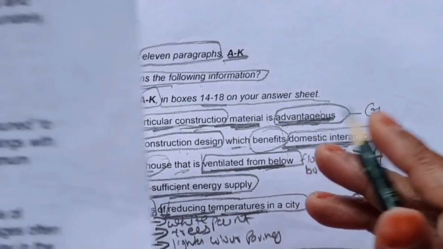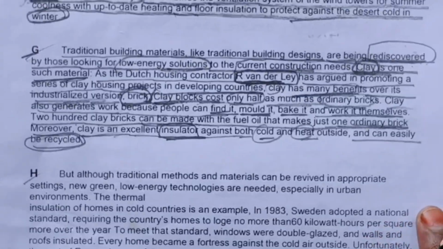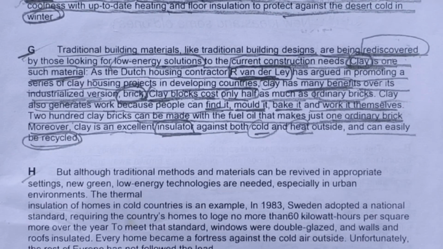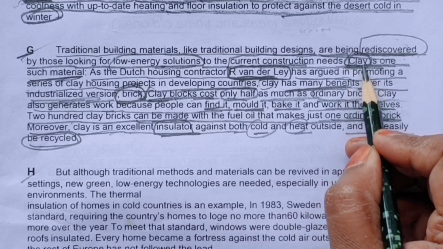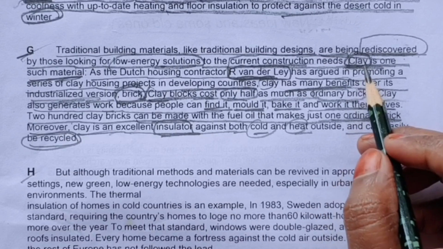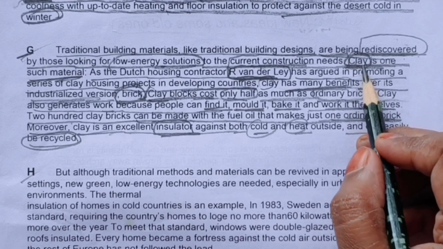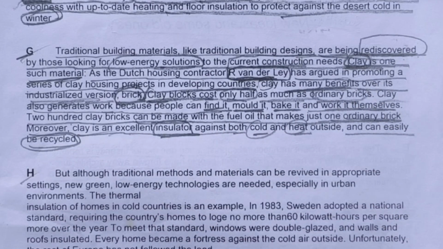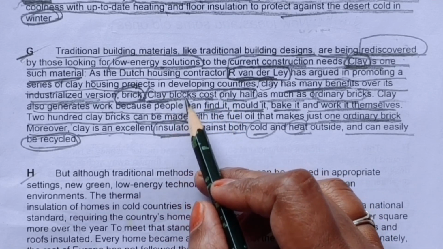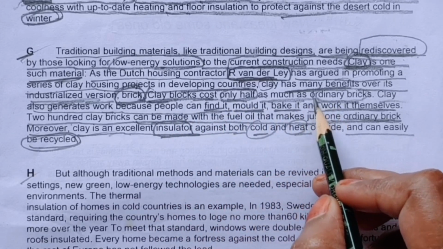In G paragraph only they have mentioned clay. So clay is advantageous. They have mentioned so many benefits of clay, like clay blocks cost only half as much as ordinary bricks.